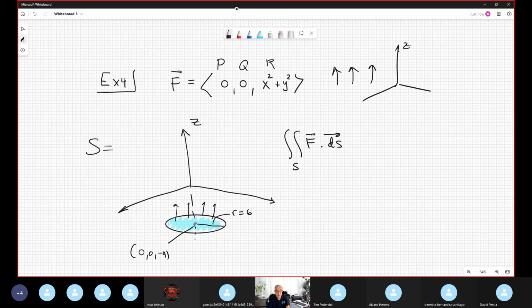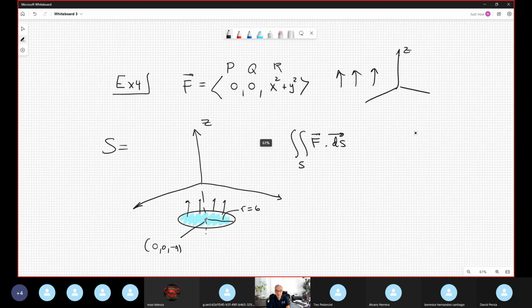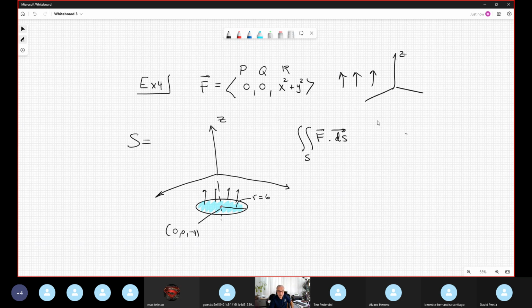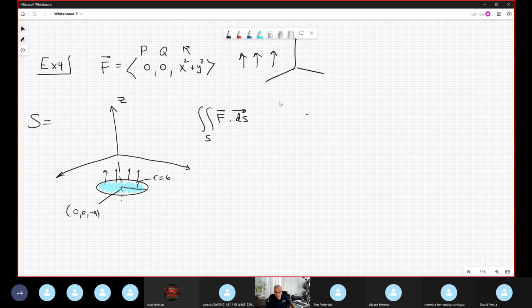So one possibility for solving this is parametrization of the disk. Let me try to do my best. The parametrization of the disk is super easy because the vector valued function can represent the parametrization depending on two things, the radius and the angle.